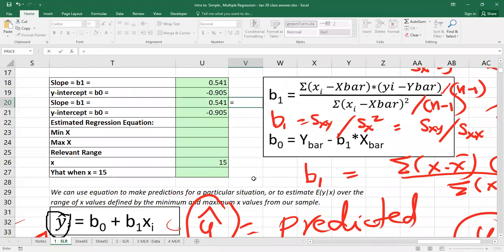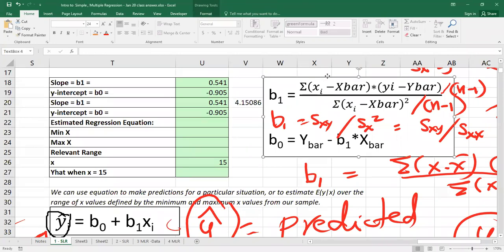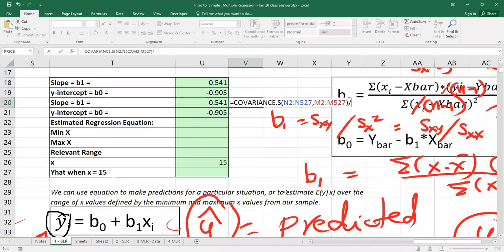So if we use that guys, covariance is to show you covariance of, okay, so this is the covariance of x and y, but you have to divide it by the variance of x.